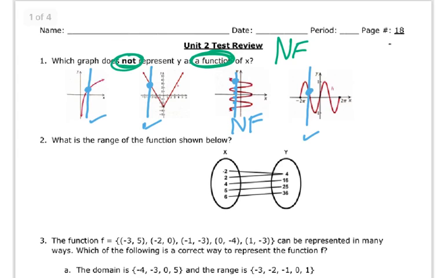Easy. Number 2, what is the range of the function shown below? So what we see is every single time you see the word range, I want you to write the letter y. So if range is y, and this mapping diagram is y, it means that these numbers, the second bubble of numbers, are the numbers in your range.